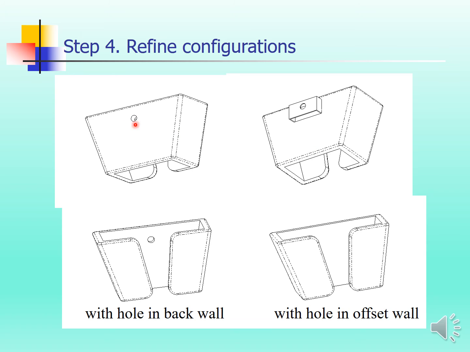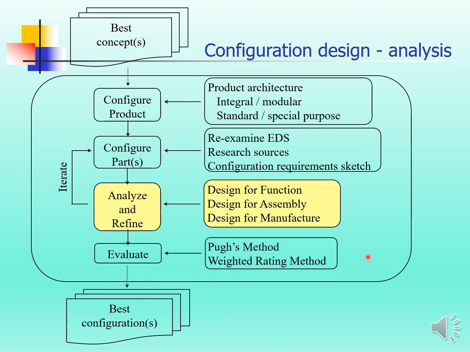This is the back view, the rear view, and this is the front view. In the front view we can see the hole, with the offset wall. This is straight. The surface is nice. Then we analyze and define.